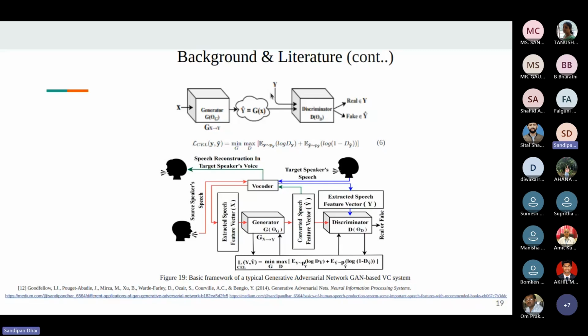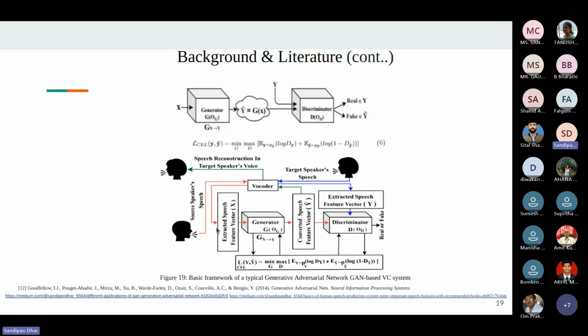This mechanism of GAN we use for voice conversion. Why did we jump from the preceding models that I just explained to GAN? Because of its robustness. However, GAN also has some limitations, which I'll tell you about and which I've discussed in my latest slide, and then I'll also tell you why we have shifted from GAN to diffusion models.